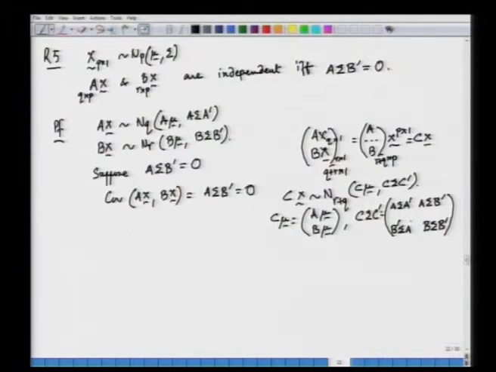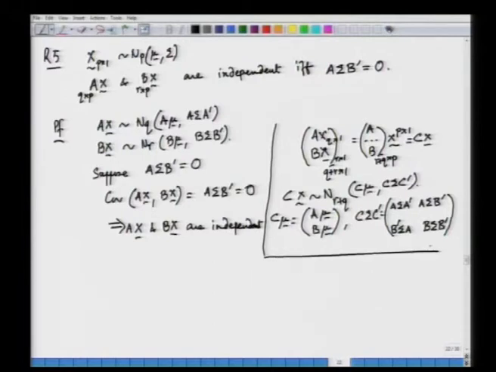So, by this special feature of the multivariate normal, we say that Ax and Bx are independent. This is what we have used for the proof.